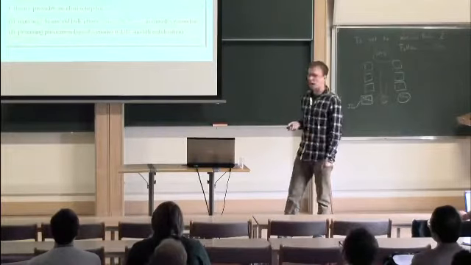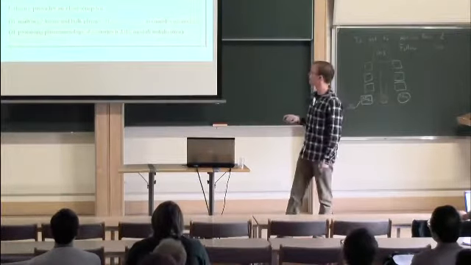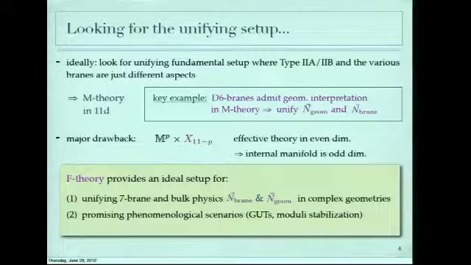F-theory provides a very nice way out. Namely, it unifies, in this case, seven-brane physics with the bulk physics, with the geometric part, but we can stay in the context of complex geometries.